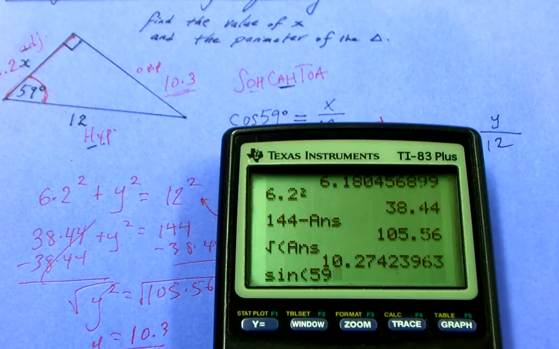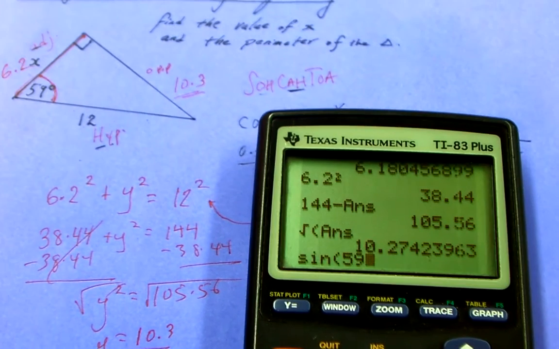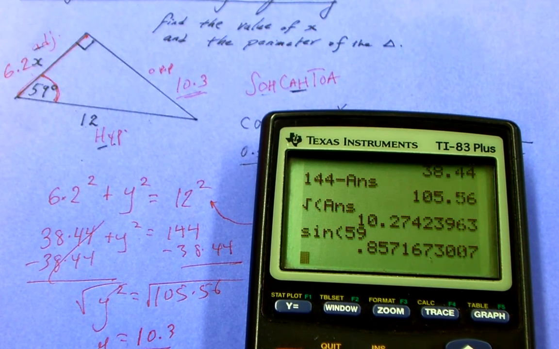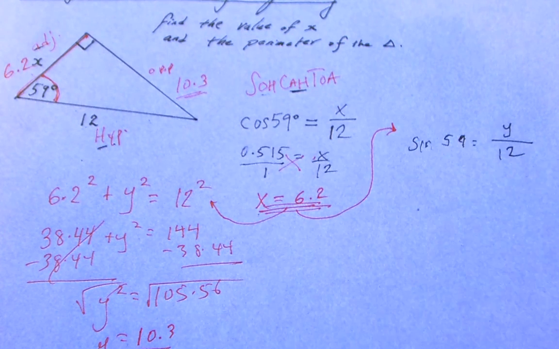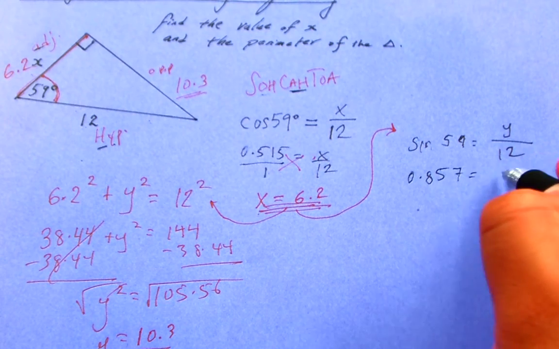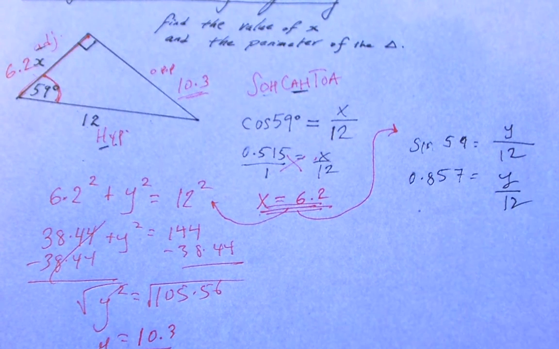Sine of 59. Earlier I did cosine of 59 because I wanted the adjacent, but to get the perimeter I need the opposite as well. Sine of 59 is approximately 0.857. And that equals y over 12.